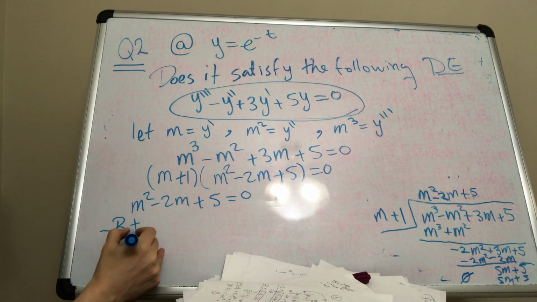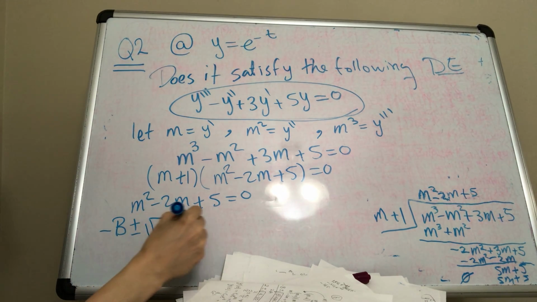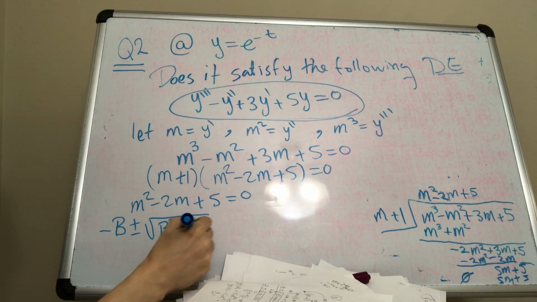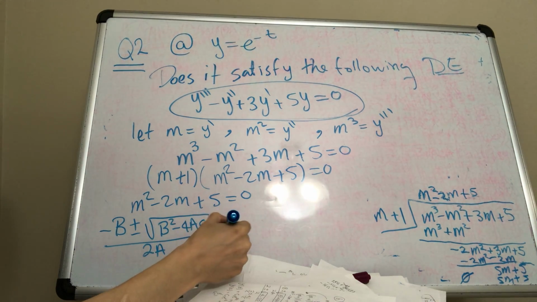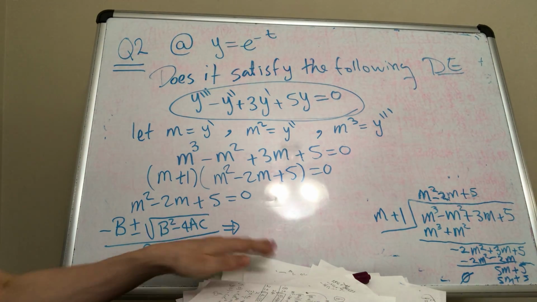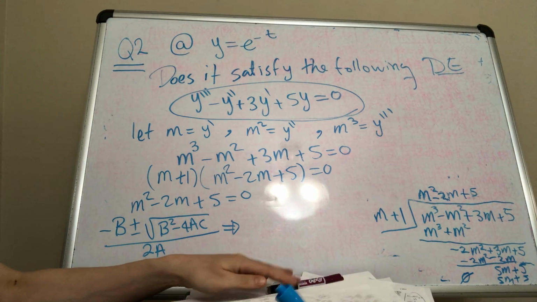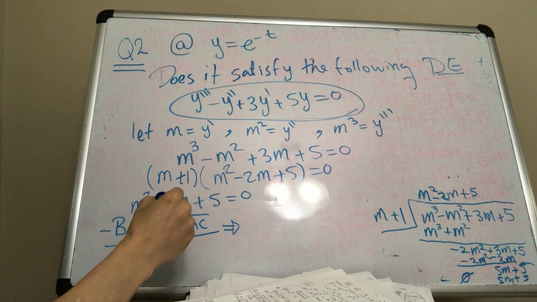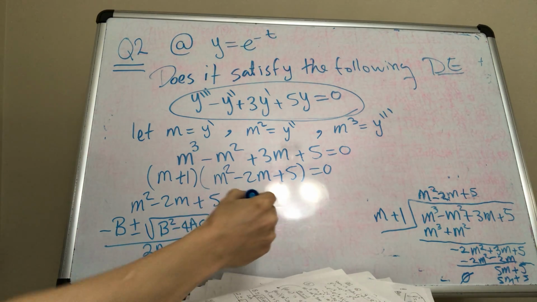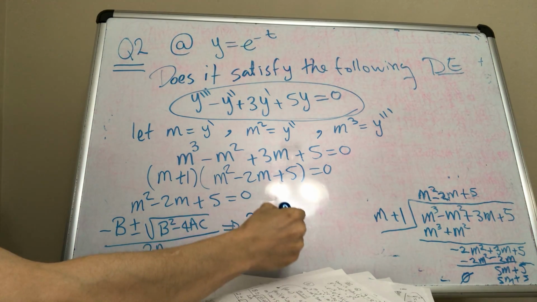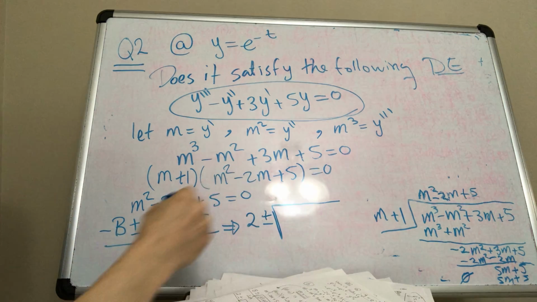Negative b plus or minus square root of b squared minus 4ac, over 2a. b is minus 2 and a minus becomes positive 2.